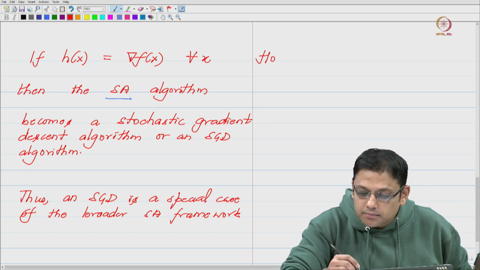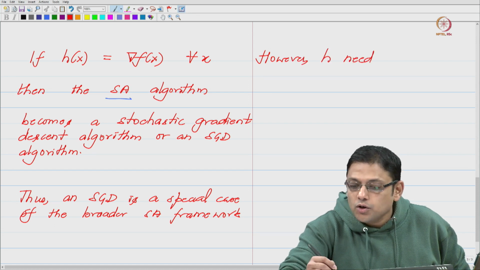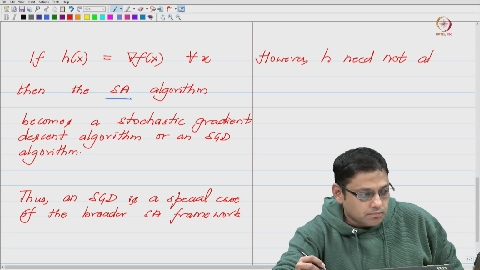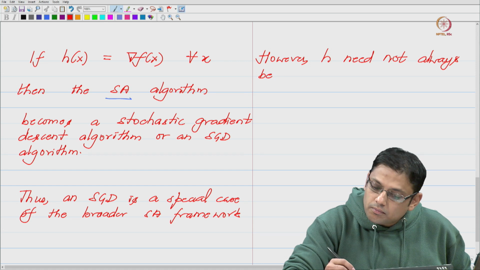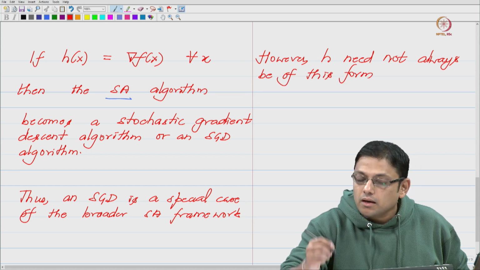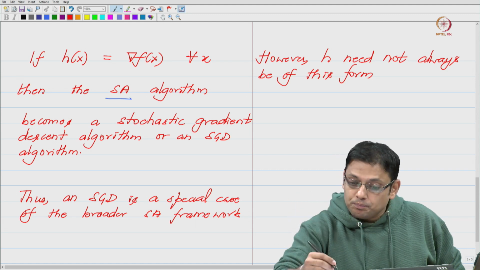However, h need not always be of this form.